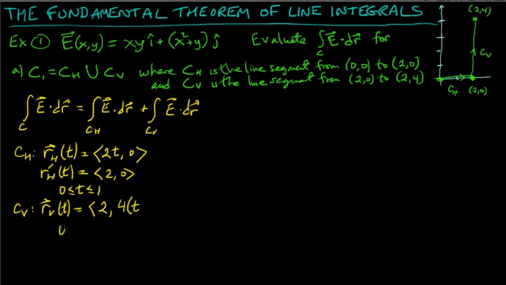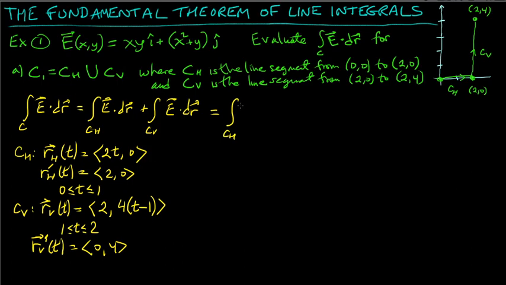But if we're going from, say, 1 to 2, instead of 0 to 1, then we'll just have to subtract 1 from t. And that should work. And then the derivative of that, r_V prime, will just be (0, 4). Okay, so I think we have everything we need here.